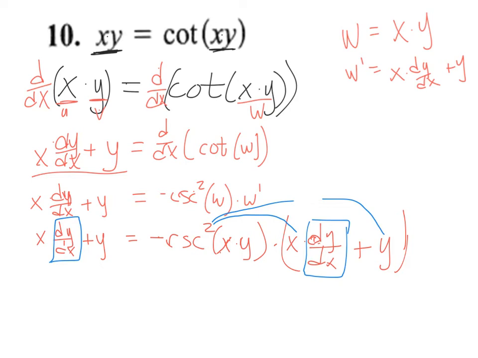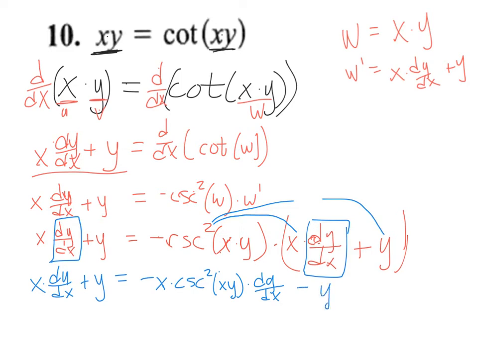Let me write x times dy/dx plus y is equal to, let's see how I want to do this, I'm going to rewrite this a little bit: negative x times cosecant squared of xy times dy/dx minus y times cosecant squared of xy.